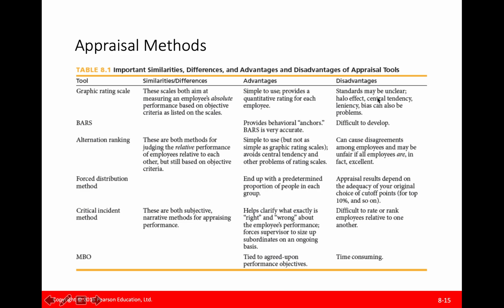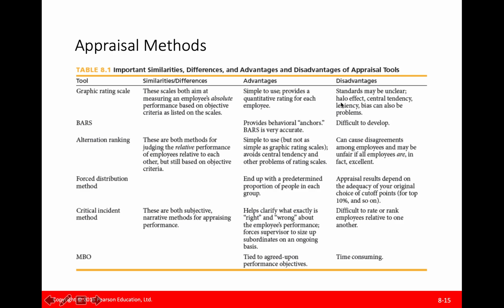Unclear means, what does it mean by poor performance? What does it mean by excellent performance? So even though we have this job dimension, does that mean that poor in this dimension equally means poor in the other dimensions? Halo effect.